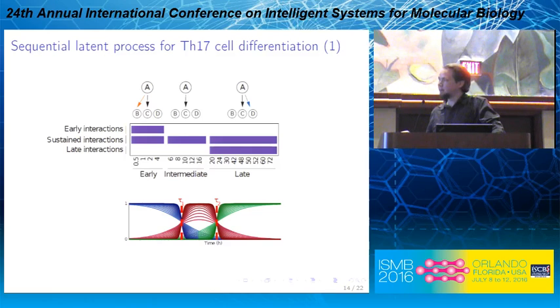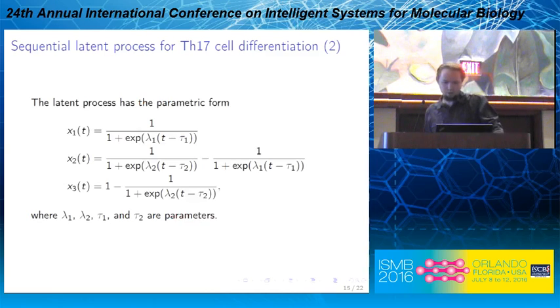And we also have parameters that determine how smooth these transitions are. So they can be very rapid or very smooth. And here is the parametric form of the latent process, and here are the parameters that are then optimized during the calibration.